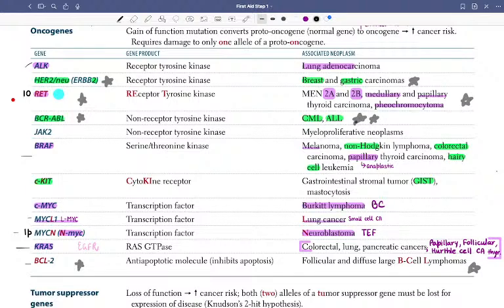If we had to make a mnemonic here, this is basically BCL.